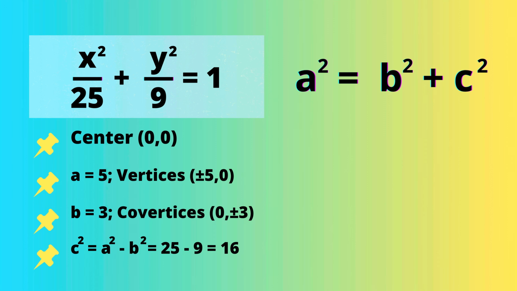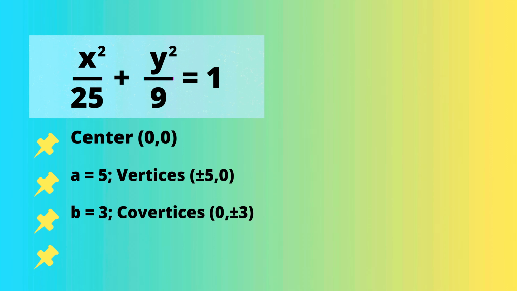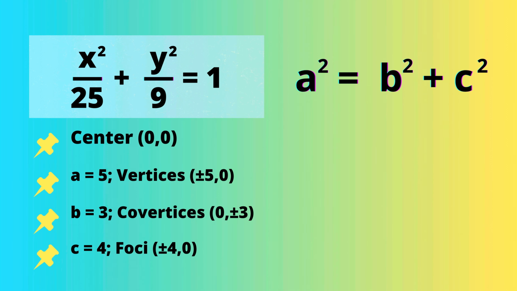Substituting a and b to the formula, c squared becomes 5 squared, or 25, minus 3 squared, or 9, equals 16. Hence, our c is 4, and our foci have coordinates (4, 0) and (negative 4, 0), or (plus or minus 4, 0).